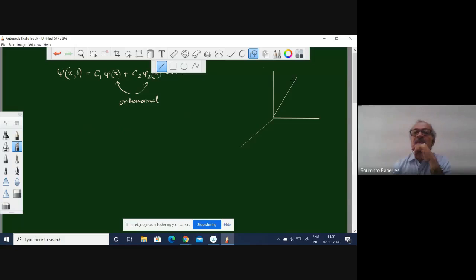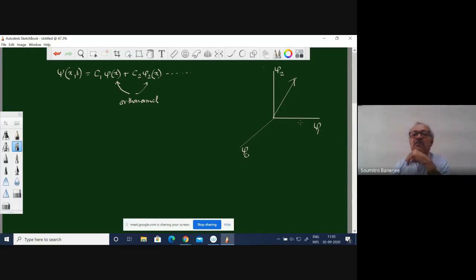Okay, so the psi function is like this. And then you can imagine psi naught, psi 1, psi 2, and so on and so forth.